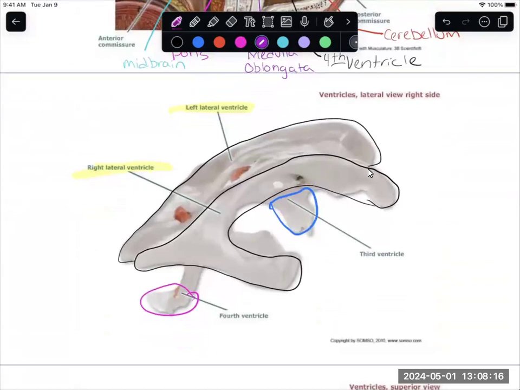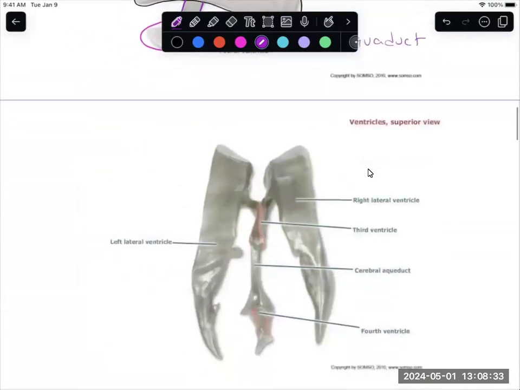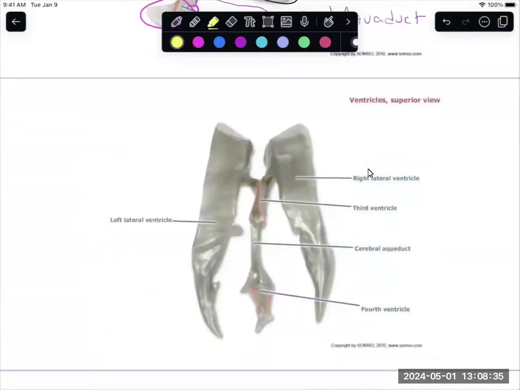That cerebral aqueduct, you can see part of it here. We'll flip this on the next slide where you can see it in more detail. So here you see those two lateral ventricles again.